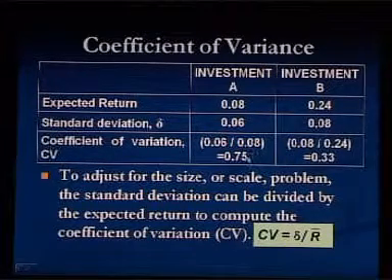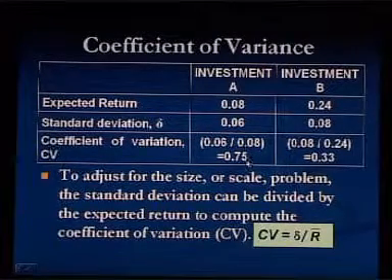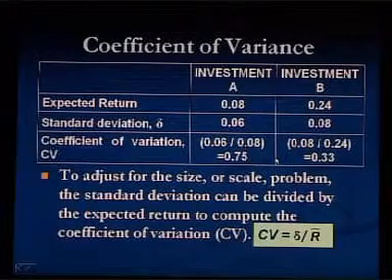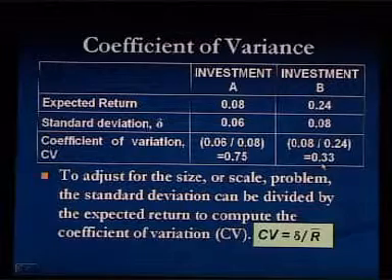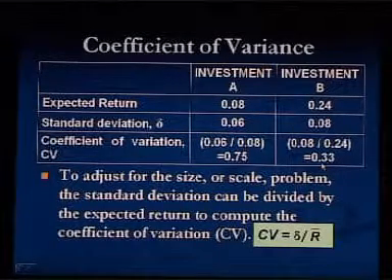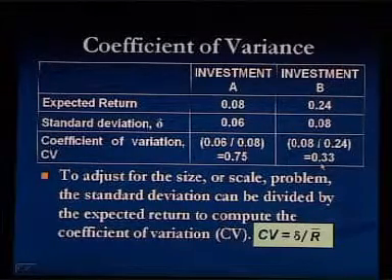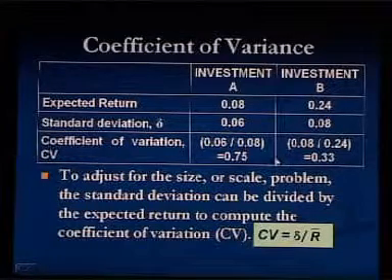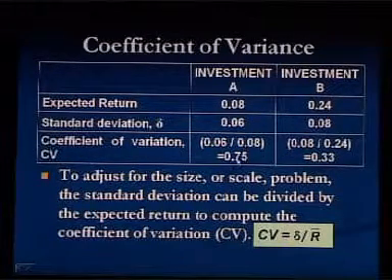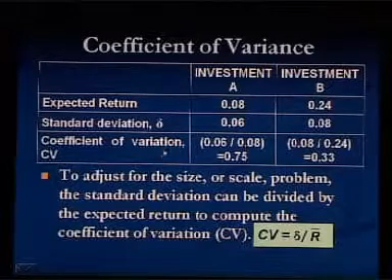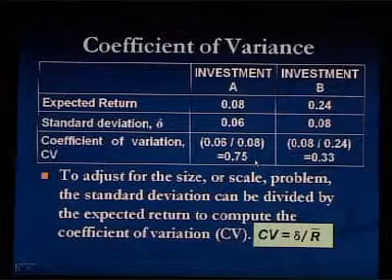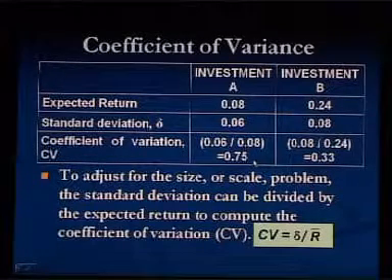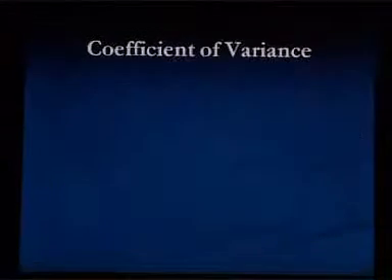So, the CV or coefficient of variation is 0.75, and similarly for investment B the coefficient of variation is 0.33. So, it is very clear here that if we are going to compare the riskiness of two investments, then we should calculate the coefficient of variation, and by calculating it we can say that investment A is more risky as compared to investment B.